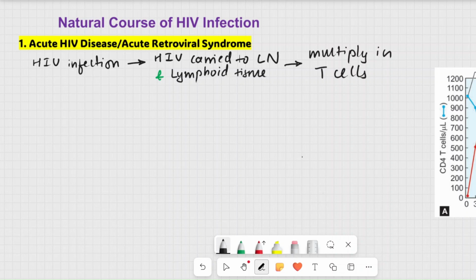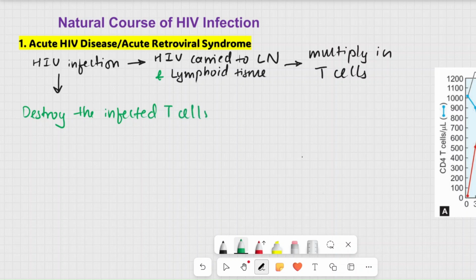Now it is this HIV infection, guys, that is going to destroy. After some time of multiplying inside the T cell, it will start destroying the infected T cells. Okay, it will destroy the infected T cells.